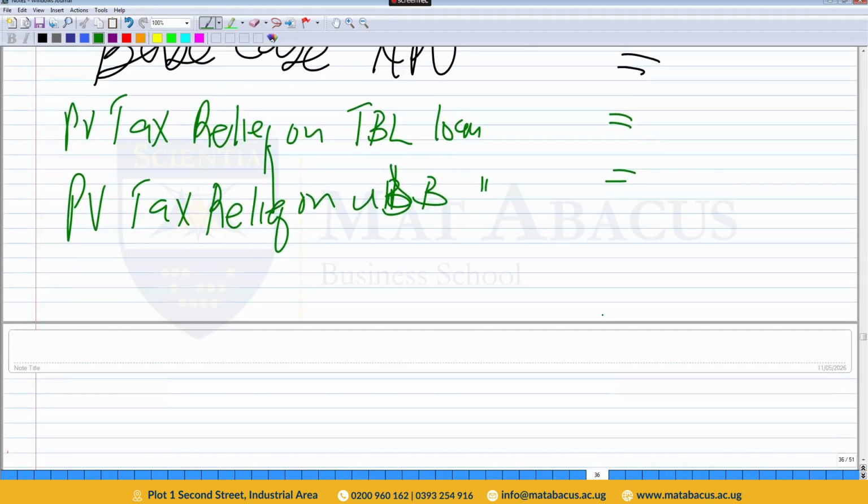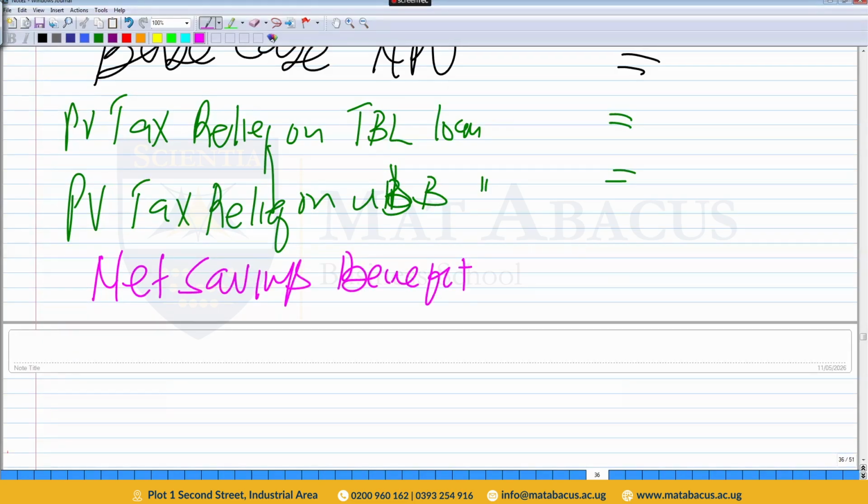Then from there, remember you had the net savings benefit, which you will be able to populate. Then you can bring your issue costs tax relief, present value.